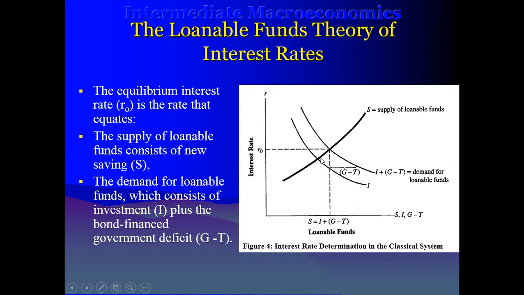But now, because we have the G minus T, the demand for loanable funds curve has shifted to the right, and as a result, this is where the new equilibrium is. So here, S is not just equal to I, but it's equal to the summation of I and G minus T. The vertical difference between these two curves is the G minus T.